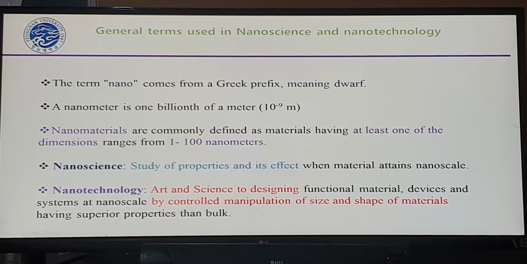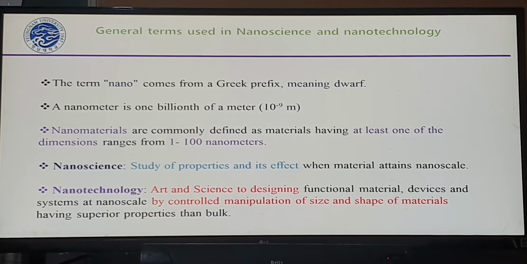Then nanoscience. Nanoscience is the study of properties and their effect when a material attains nano scale. The main important thing, or the beauty of nanoscience, is that a material exhibits differently when it comes from bulk material to nanomaterial. For example, if a cube greater than 100 nanometers in all directions shows some properties, the same material below 100 nanometers shows entirely different properties.